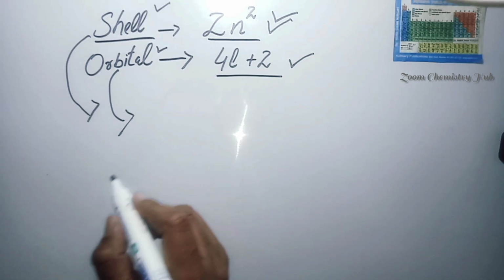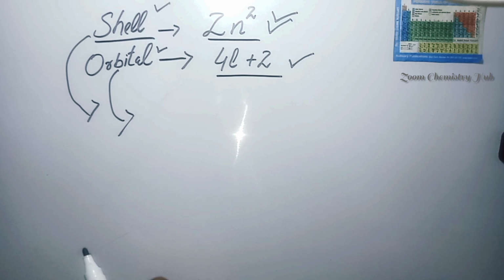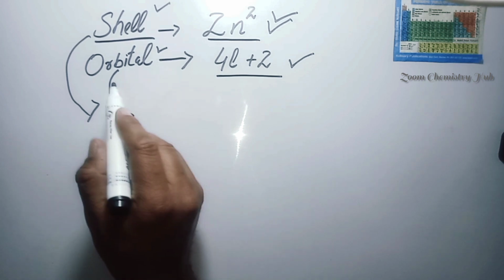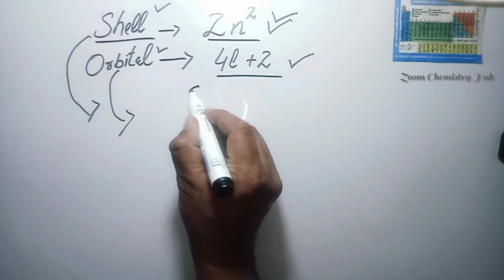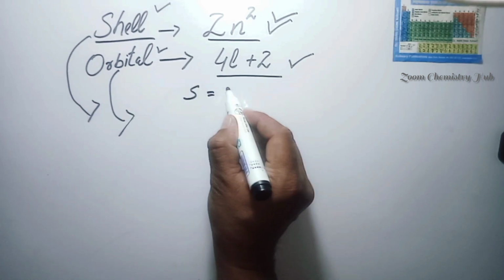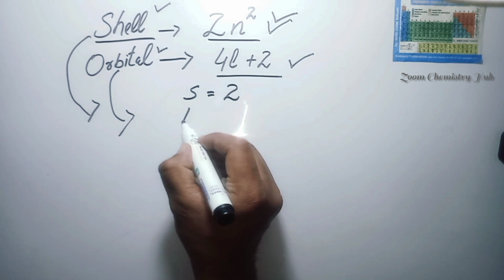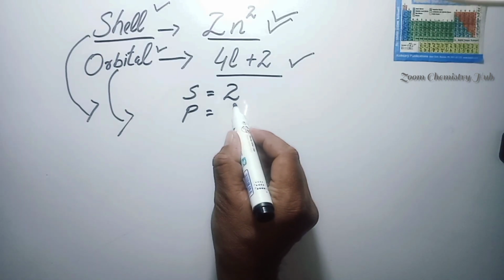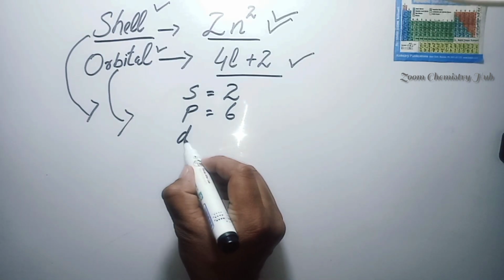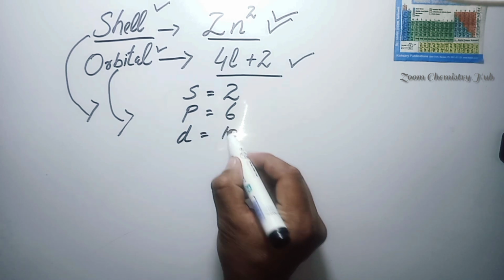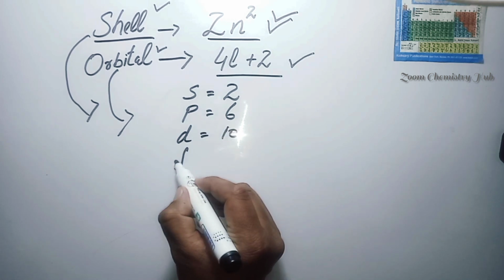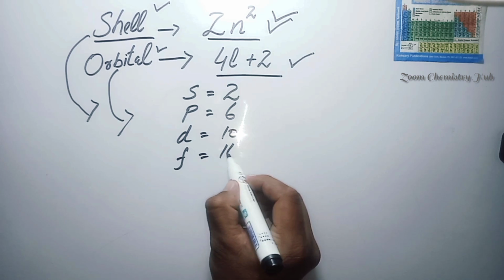As we know, the maximum number of electrons in the s subshell is 2, in the p subshell is 6, in the d subshell is 10, and in the f subshell is 14.